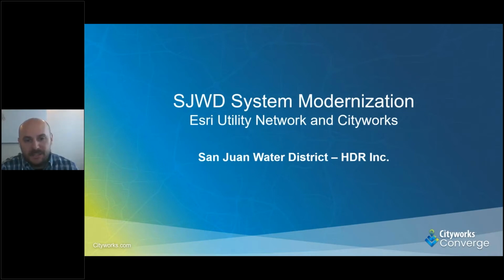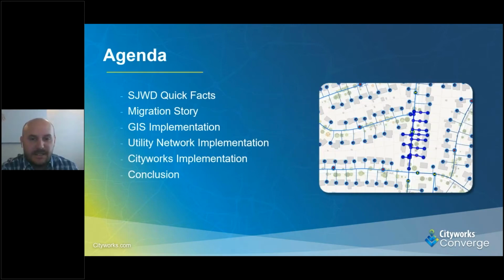The key component of the utility network is that it is a service-based architecture. So when you do any editing, anything that you're interacting with the data, you're actually doing it on a REST service, which is a lot different from the way it used to be for us in the GIS world.